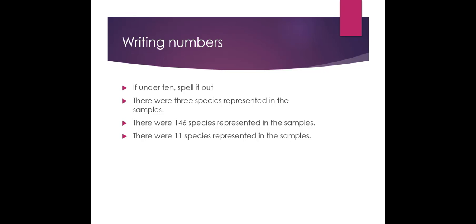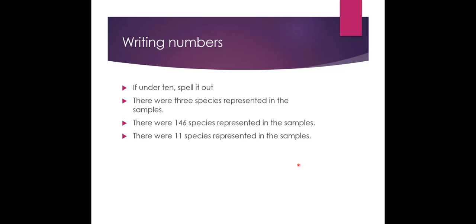If it is 10 or over, the second it gets to double digits and higher, then you can use numerals. So if I was saying there were 8 specimens collected, I would spell out the word eight. If it was 18, I'd use the numerals 1-8 to write it. Okay, so if it's under 10, you are going to spell it out in words all the time.